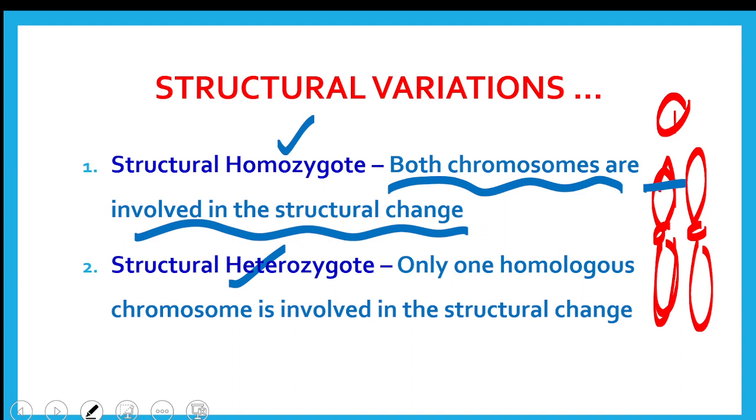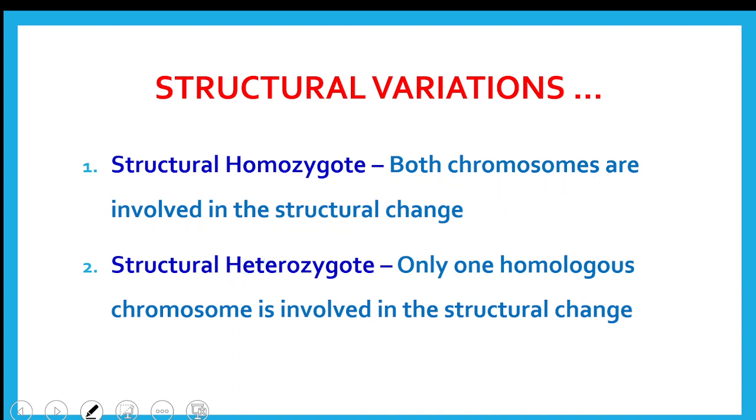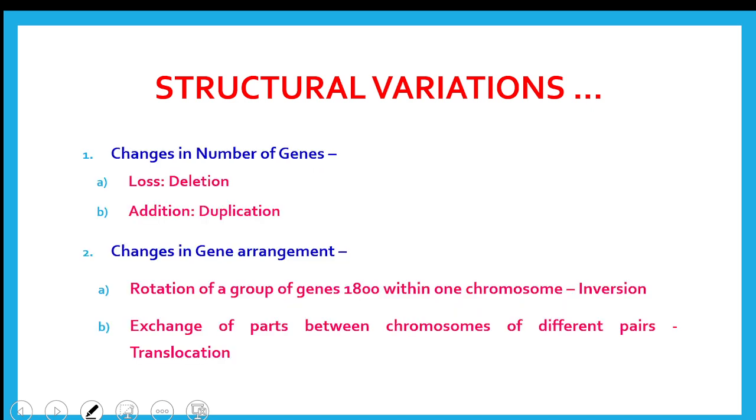So the structural variations can be homozygotes or heterozygotes: deletion homozygote, deletion heterozygote, duplication homozygote, duplication heterozygote, and so on. In structural homozygote, both chromosomes of a pair of homologous chromosomes are involved in that particular variation. In heterozygote, out of this pair, only one shows the structural change.